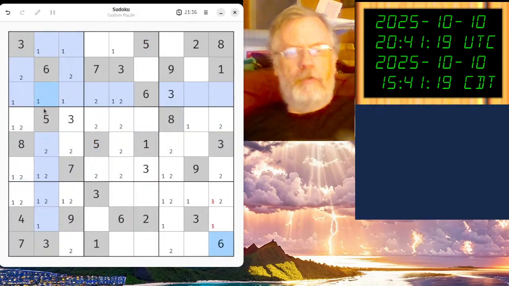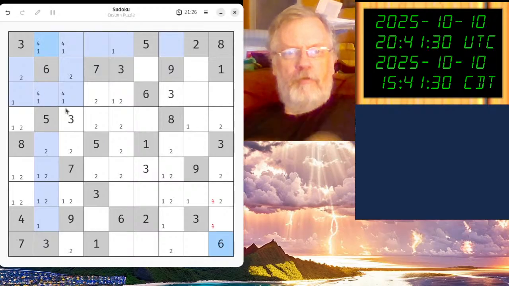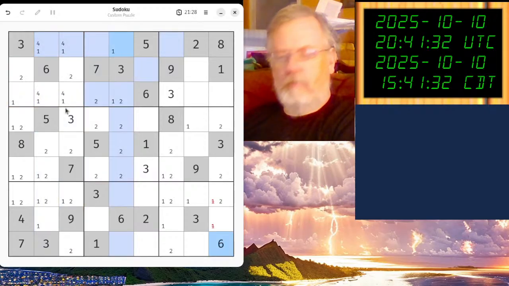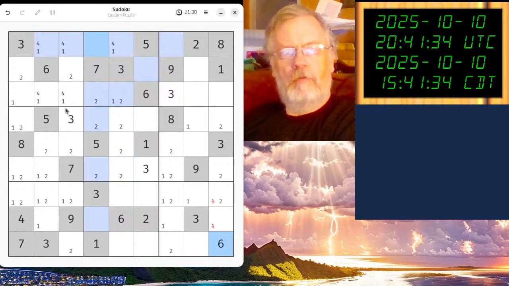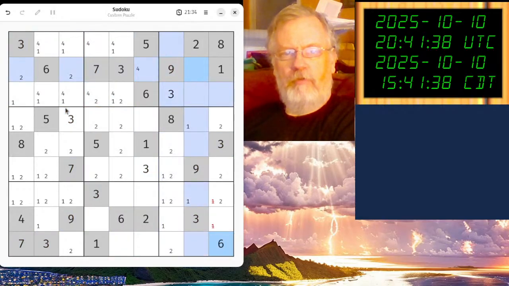All right, I get to use the mouse. Maybe I can go back to using keyboard again. So possibly just that one square being recalcitrant.